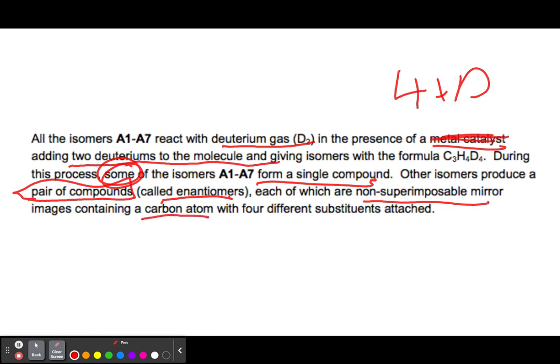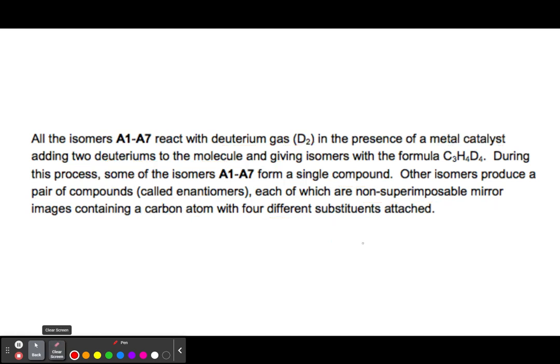So they have a carbon atom with 4 different substituents, like I discussed. If you have, let's say, A, B, C, and D, if you rearrange these two, you get a different molecule. And so that's the idea of it being a mirror image. If you reflected it down this line, right, let me just draw this properly.